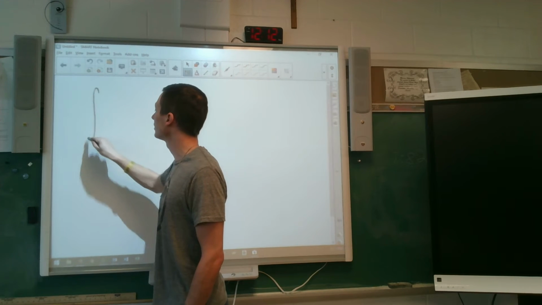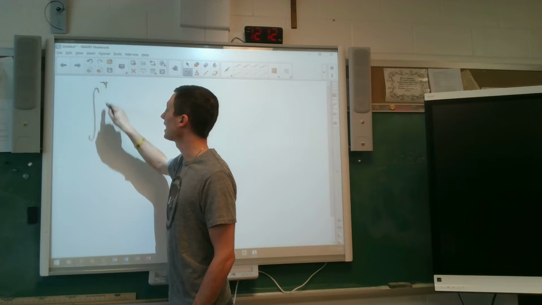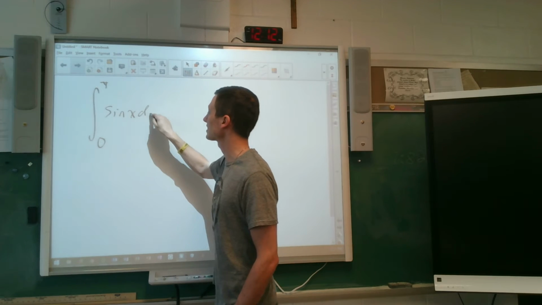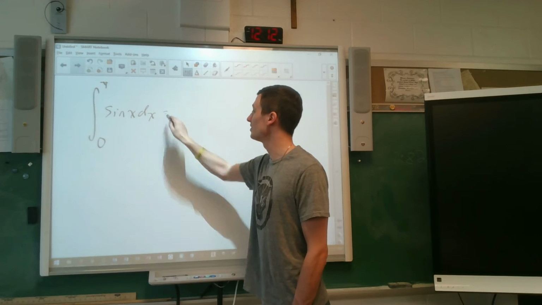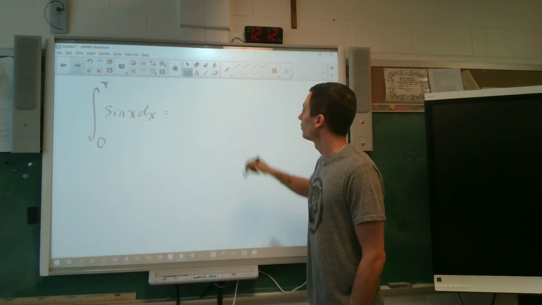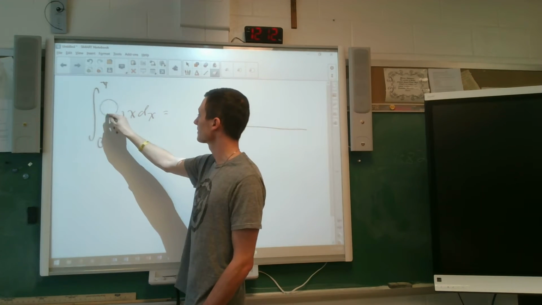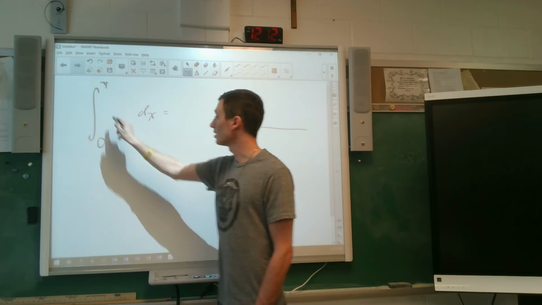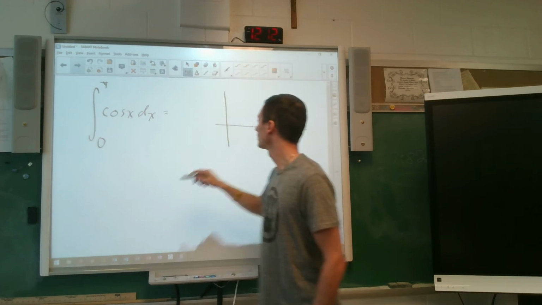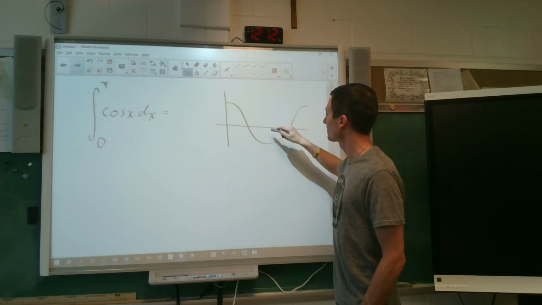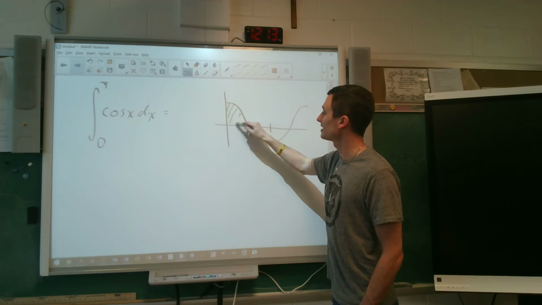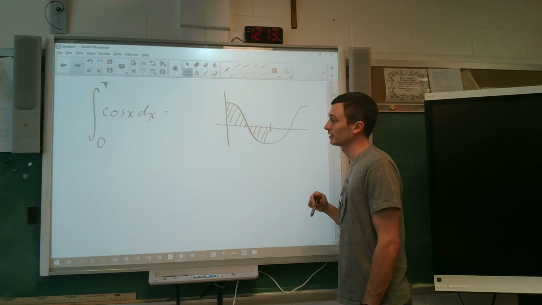Let's look at something else. Maybe we want to look at the integral from 0 to pi of the cosine of x dx. Why do I keep messing this up? Cosine looks like this. If we're going from 0 to pi, we're looking at this area and this area.